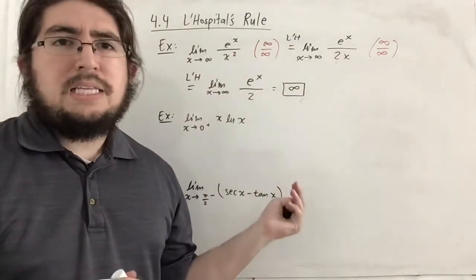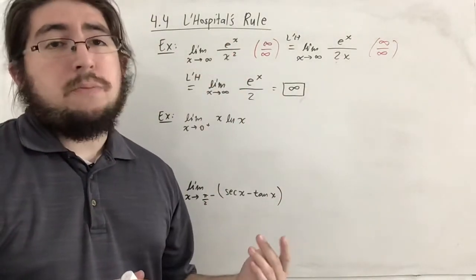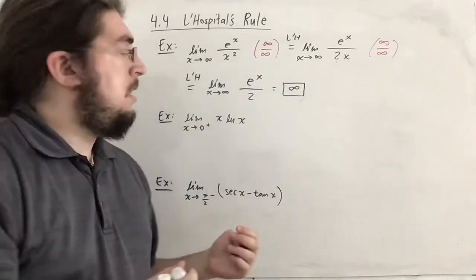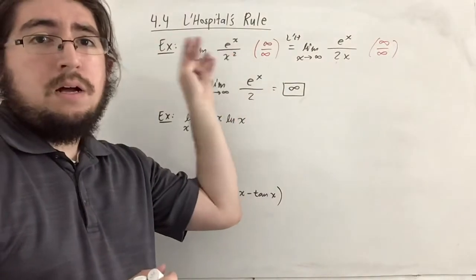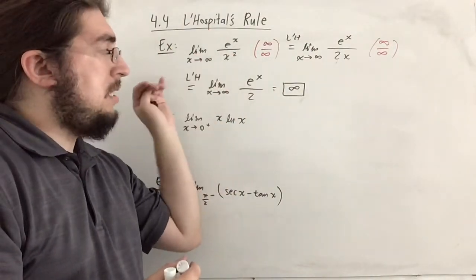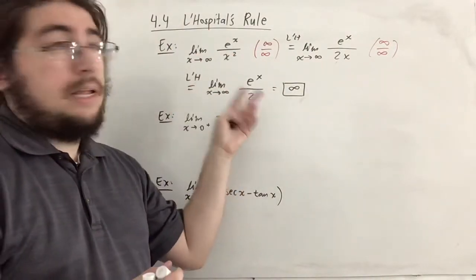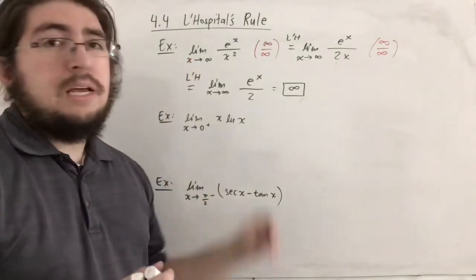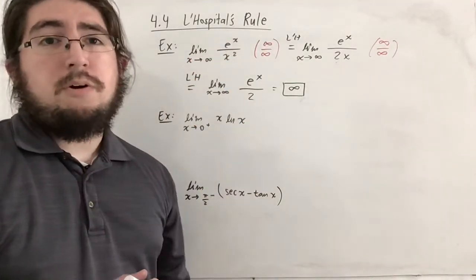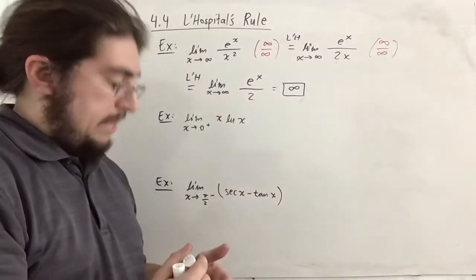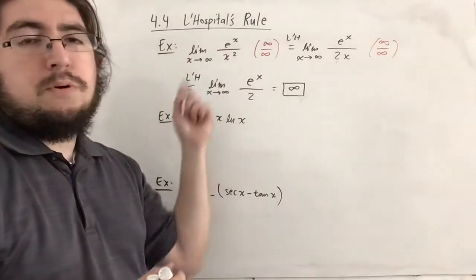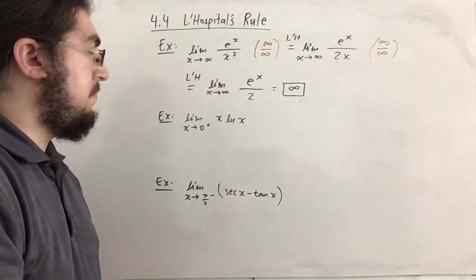In fact, e to the x will grow faster than any polynomial, any power of x that is. And with that being said, the quotient of e to the x on top and any power of x will always approach infinity in the limit as x goes to infinity. If it's the reciprocal of that, then it will go to 0 because the denominator will approach infinity faster than the numerator in that instance. But here the numerator approaches infinity faster than the denominator does.